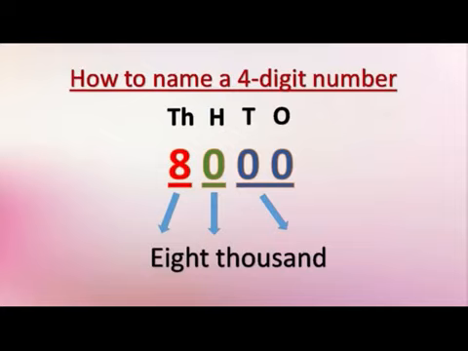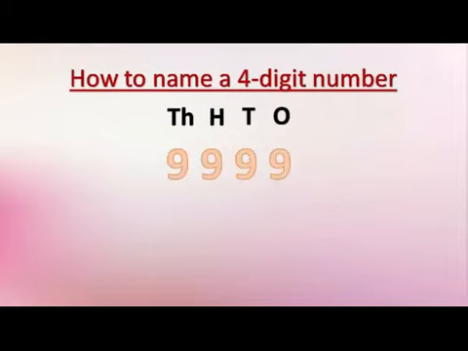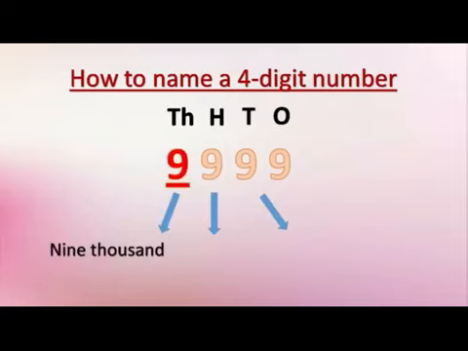Now we'll take one more example. Now can you tell me the number name of this number? 9999. Look at here. 9 is in the thousands place. So this is 9000. Hundreds digit is 9 again. So this is 900.